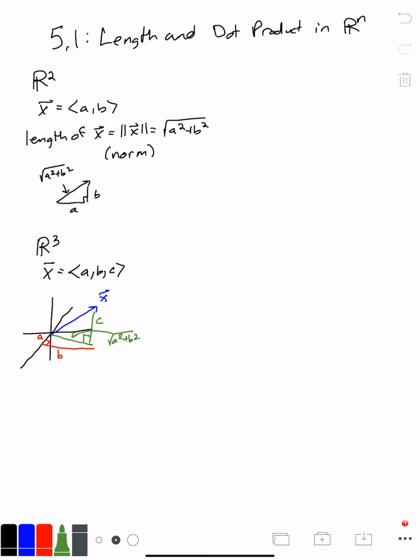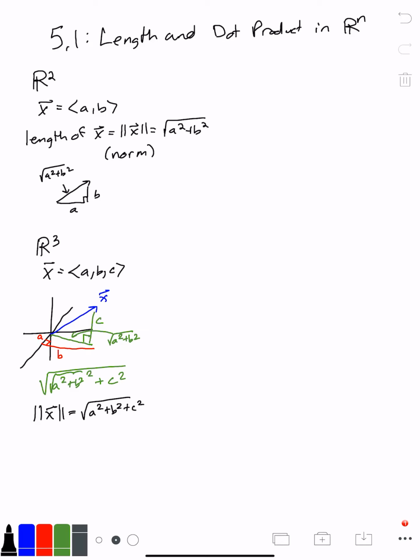This height here is c, and if you use the Pythagorean theorem again, you get the square root of the square root of a squared plus b squared, squared, plus c squared, and that simplifies down to the square root of a squared plus b squared plus c squared.